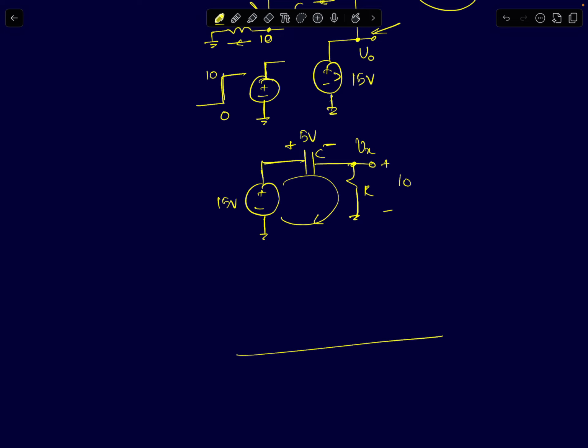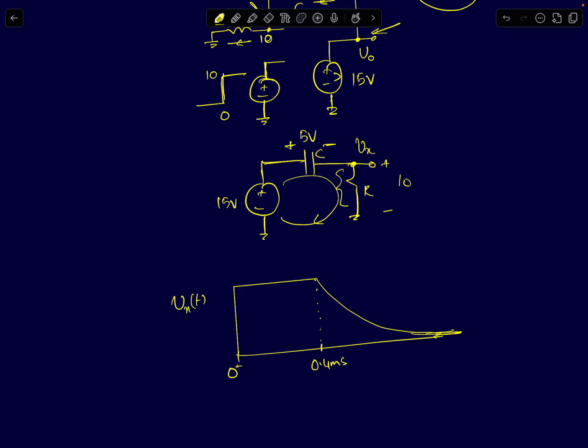So Vx at t equal to 0 plus suddenly jumped to 10 volts, and then it remained there at 10 volts for a duration of 0.4 milliseconds. From that time onwards, it starts getting discharged. It goes to lower and lower values until the current in the circuit goes to 0, which happens when Vx goes to 0. So it will decay down to 0. So this is your Vx of t.